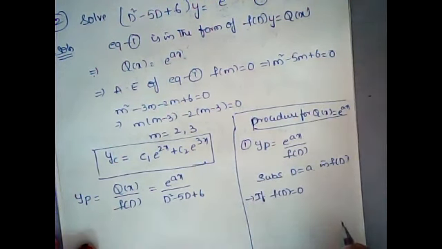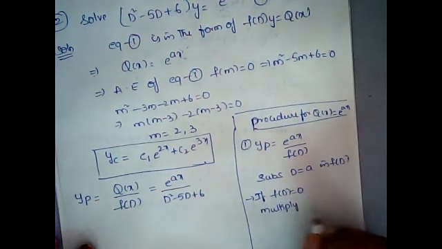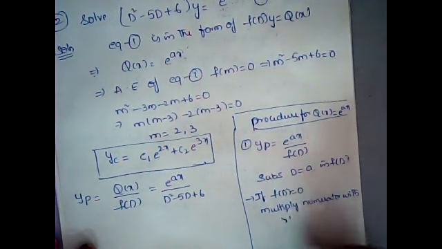So what we need to do here is multiply the numerator with x and differentiate the denominator.